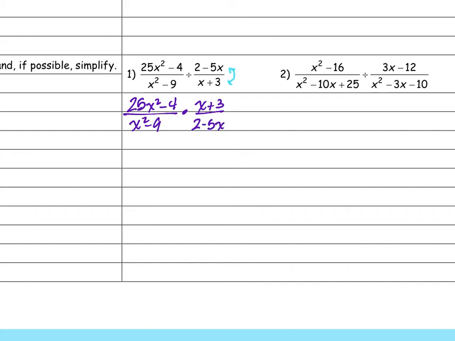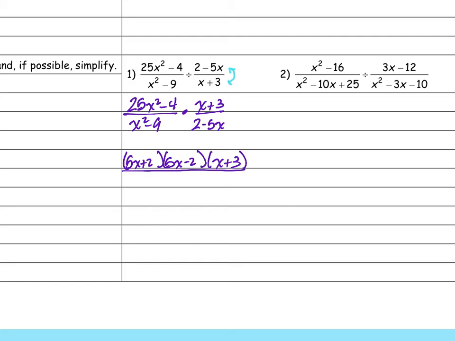Now it becomes times. I'm going to look to see if I can make any ones right off the bat. No, I can't. So I'm going to factor. Okay, so factor, factor, factor, factor. So this top is going to factor to 5x plus 2 and 5x minus 2 times x plus 3.